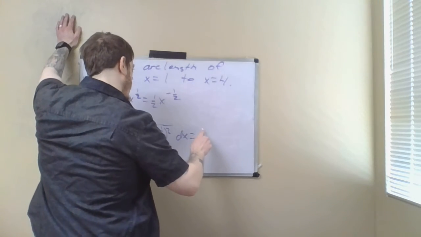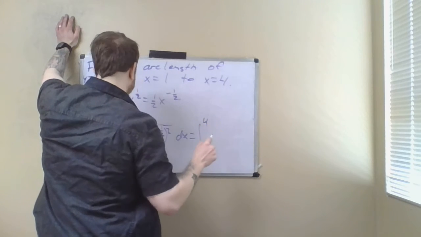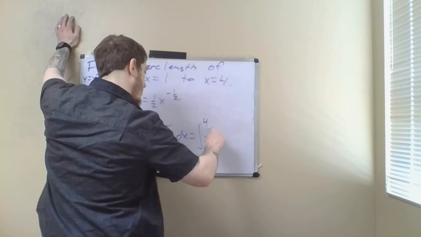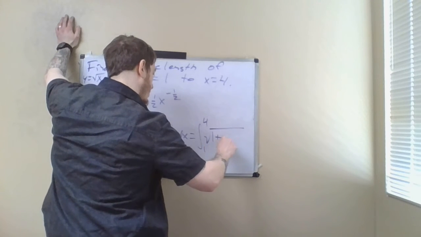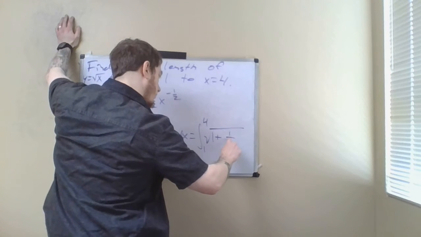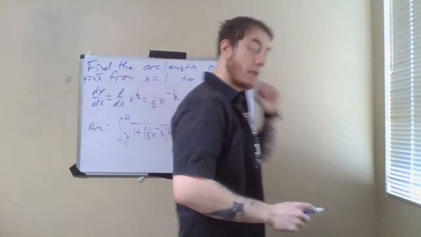And this is going to become the integral from 1 up to 4 of the square root of 1 plus 1 over 4x dx. So there we go.